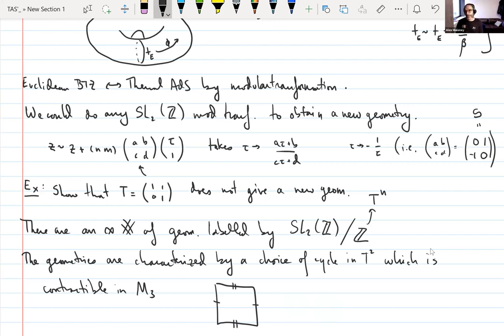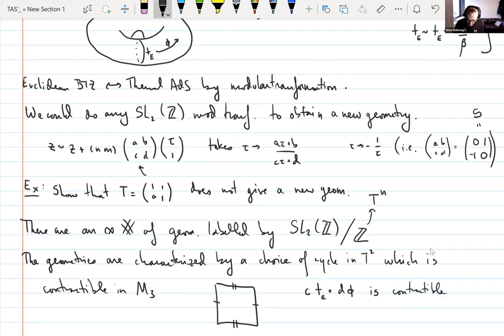We could call one of them Euclidean time and one of them the angular cycle. So I've drawn two geometries above, one where phi is contractible and one where t is contractible. But you could always take any linear combination of them and choose that to be contractible. In particular, you could choose any coprime integers, c and d, and make the cycle ct plus d phi contractible.